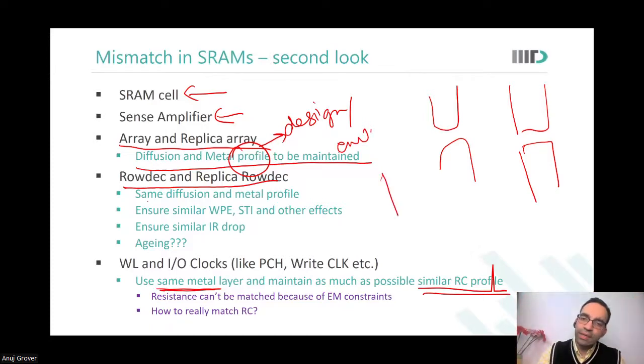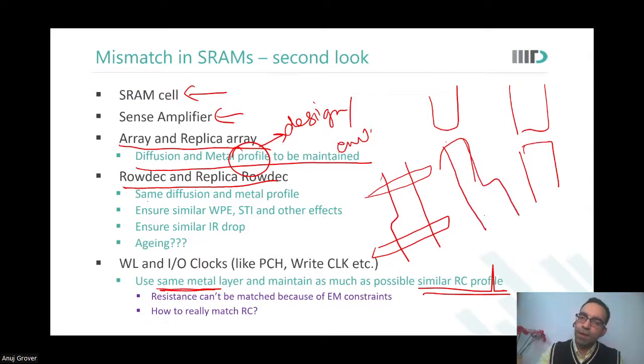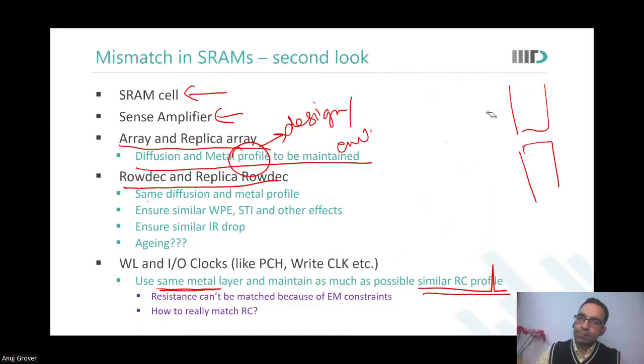So if you have made this kind of structure in your actual cell, you should make the similar kind of structure even in your replica cell. Okay, so diffusion and metal both will be the same here for us. So everything is the same. That is what it means. This is also called structural matching.